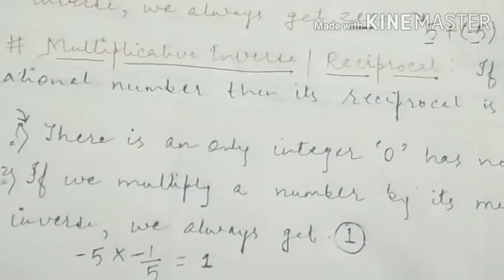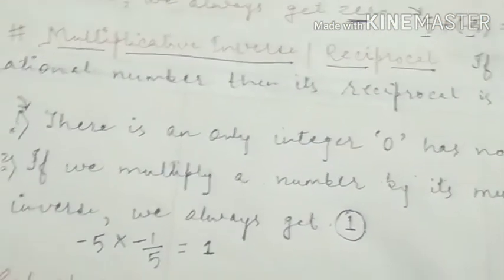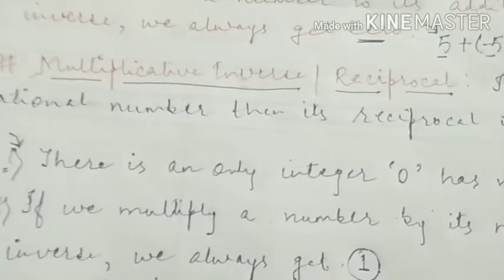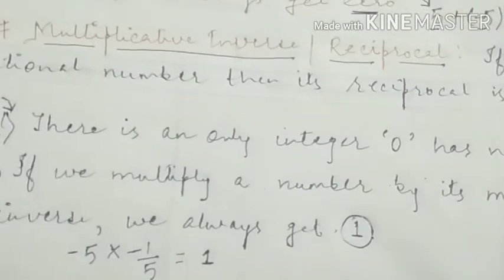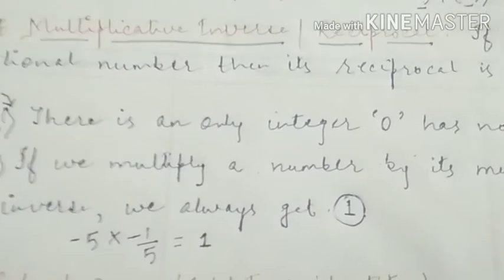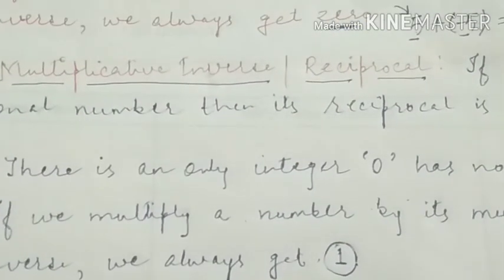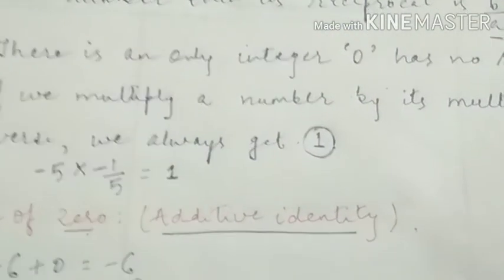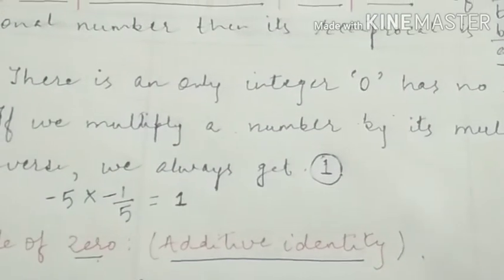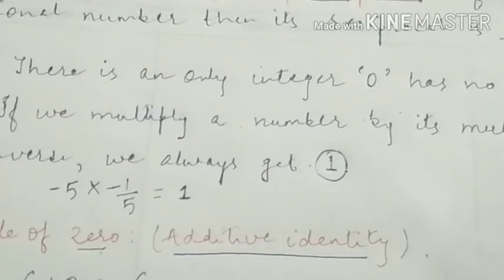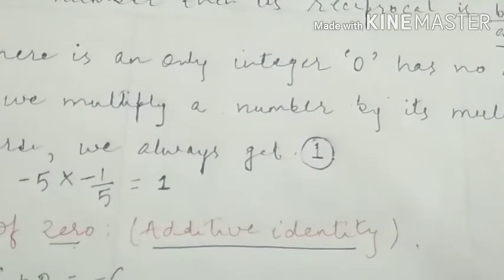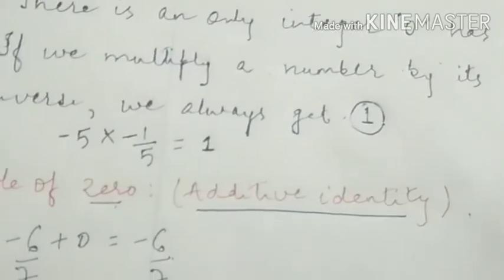Alright, now moving to the next point, role of 0. 0 is also called additive identity. Now what does additive identity mean? Additive identity is nothing but if we add 0 to any number, we always get the same number. You can take an example over here, that is minus 6 upon 7.